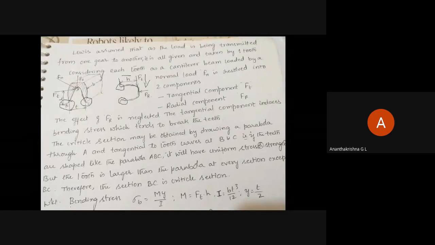So what does moment induce? Bending moment, and in turn it is bending stress. You have to involve and answer, some of you at least. So what you have is bending stress.